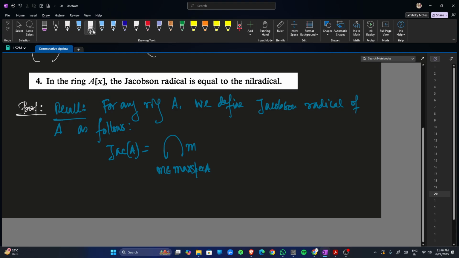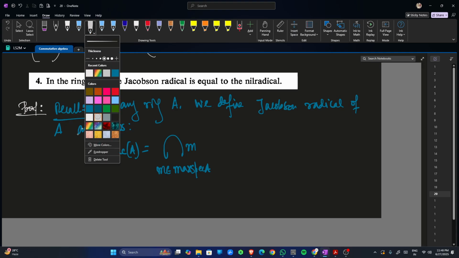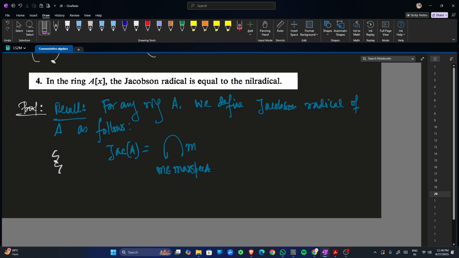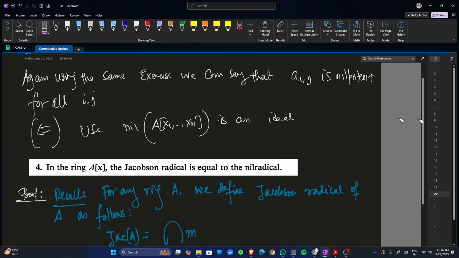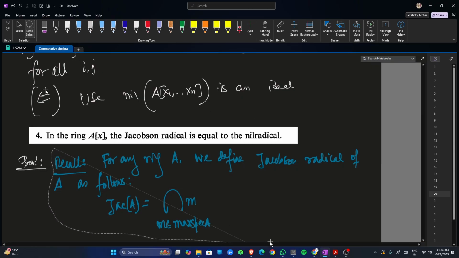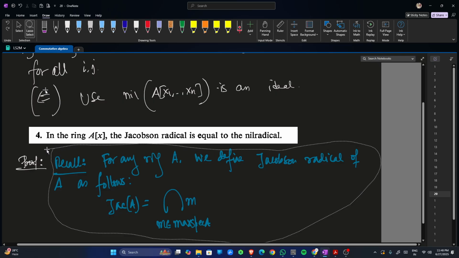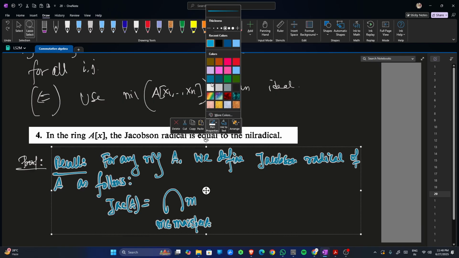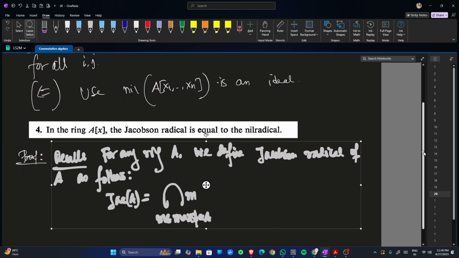We can use light gray. Light gray is fine, I guess. Let's change it to light gray.